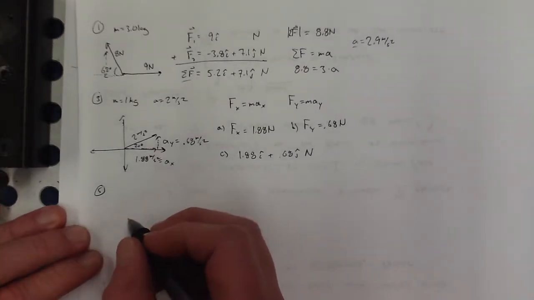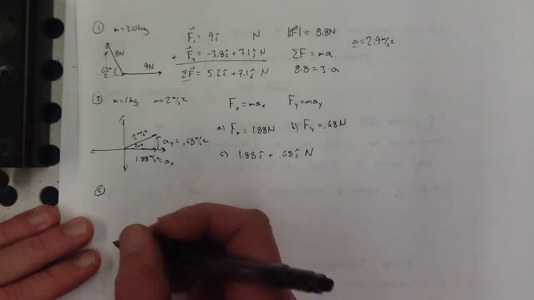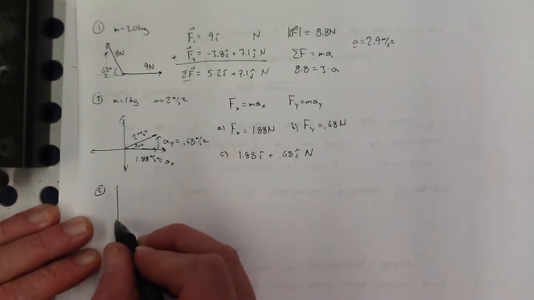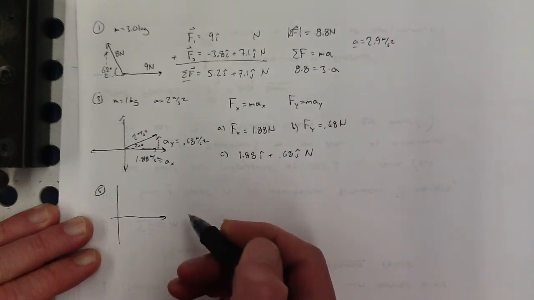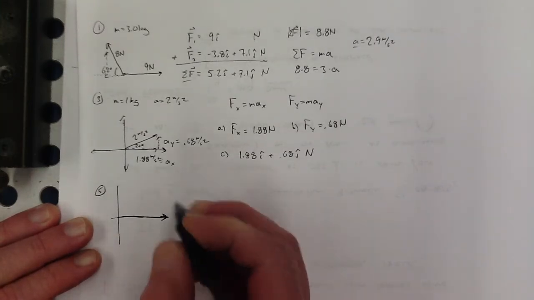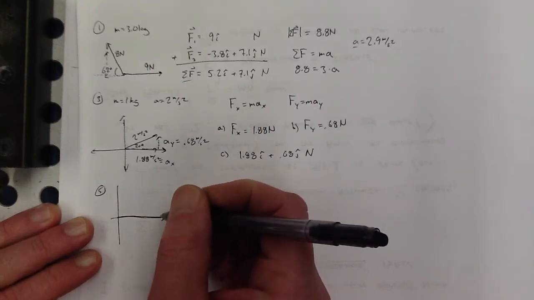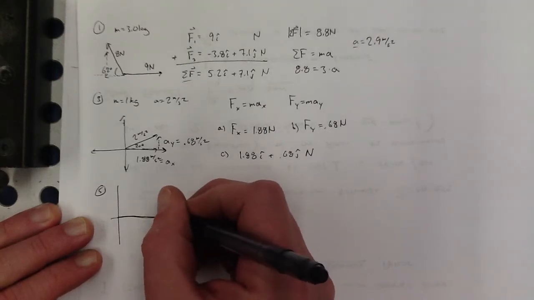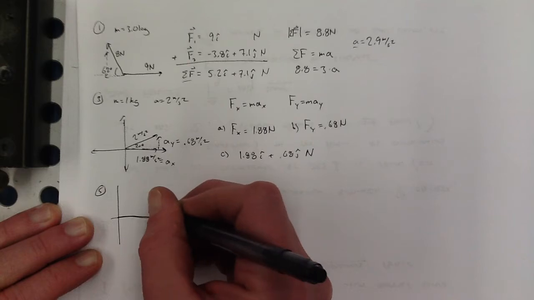All right, so what do we have here? I have 3 forces. F2 is just all right here, and that has a magnitude of 55 newtons. That's F2.